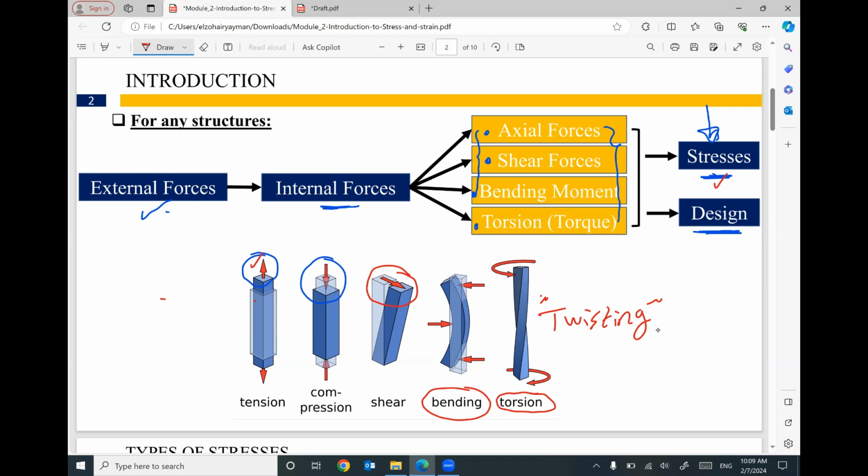These internal forces can be axial force, tension or compression, shear force perpendicular to the member, or bending moment. You have force times distance causing moment, or you have a moment that causes twisting of the member, which is called torsion. All of these internal forces will cause stress.